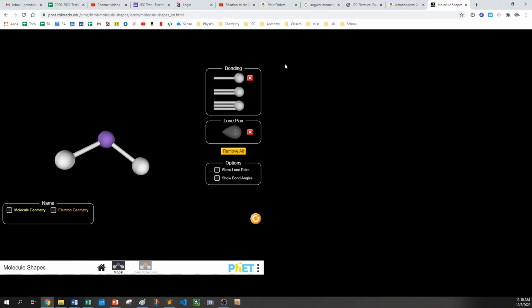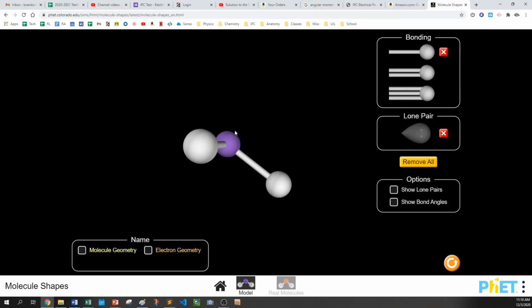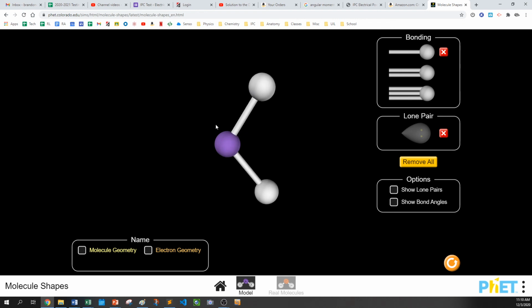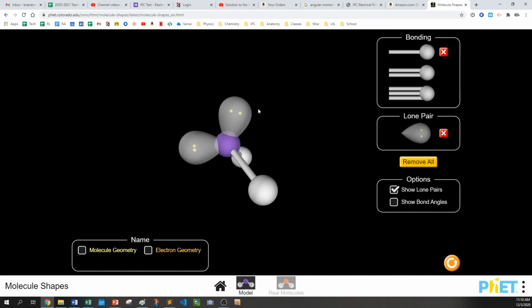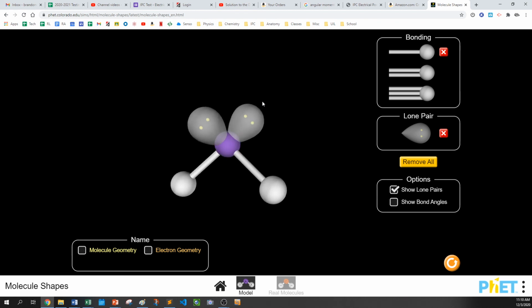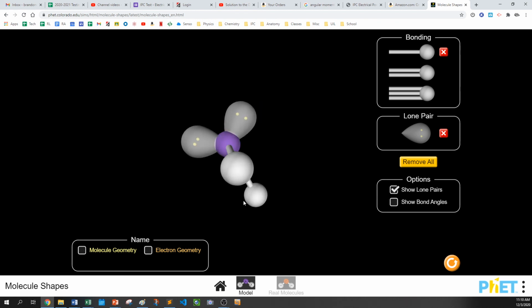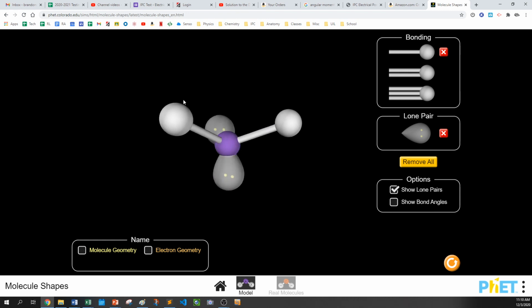So here's water. Its shape looks like this. But if you actually can visualize the electrons, they are offset. Again, they try to be as far away from each other as possible. But that's actually the shape of a water molecule.